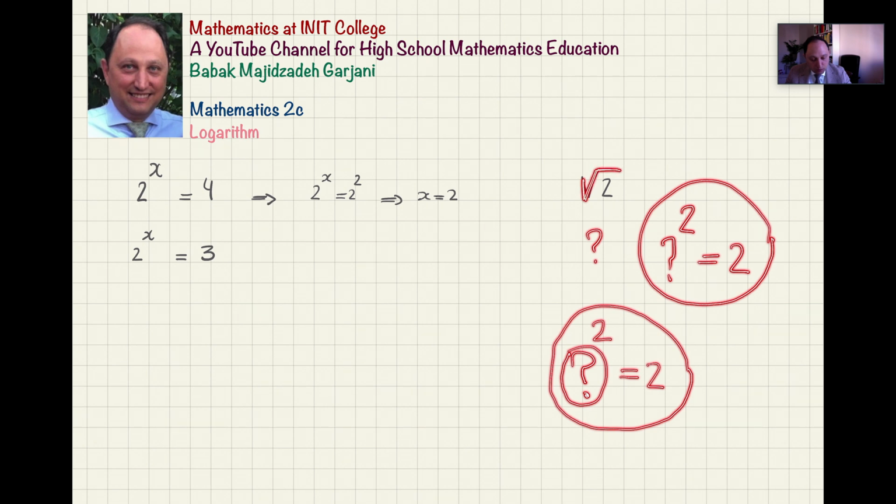By the way, this symbol is coming from the English letter R, just a little bit exaggerated. So this is why we use this symbol for square root of 2. But what is my point? My point is that first, you should be convinced that there is indeed a number with this property. When you are convinced that the number with this property does exist, then you are allowed to give it a name and a symbol to denote it.